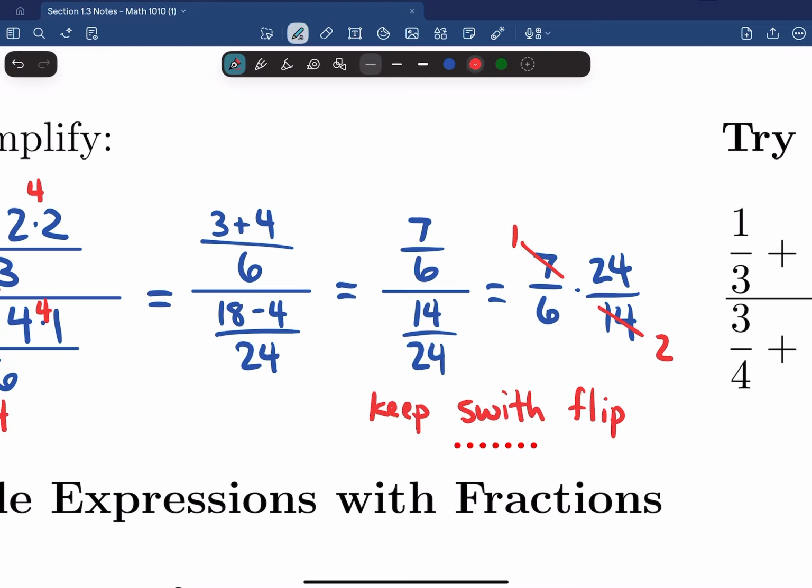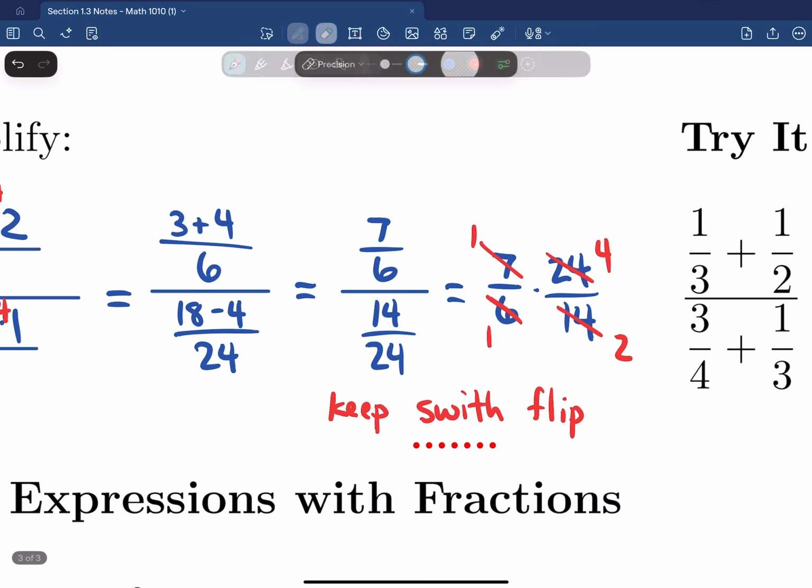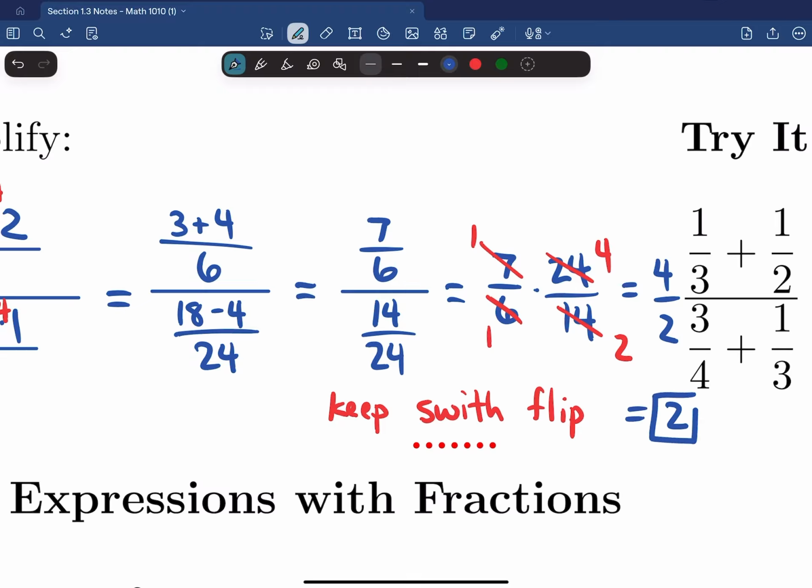And, well, 24 over 6 are both reducible by 6. So 24 divided by 6 is 4, 6 divided by 6 is 1. Because I've done this, it's now much easier to multiply things together. So 1 times 4 is 4, 1 times 2 is 2, and 4 divided by 2 is 2.